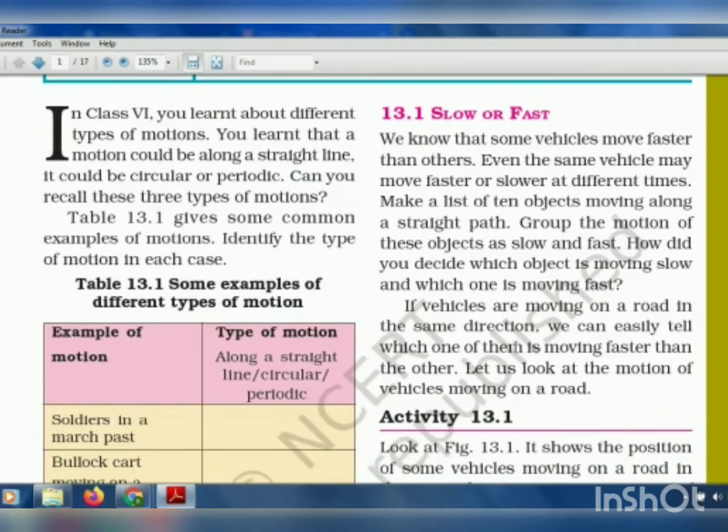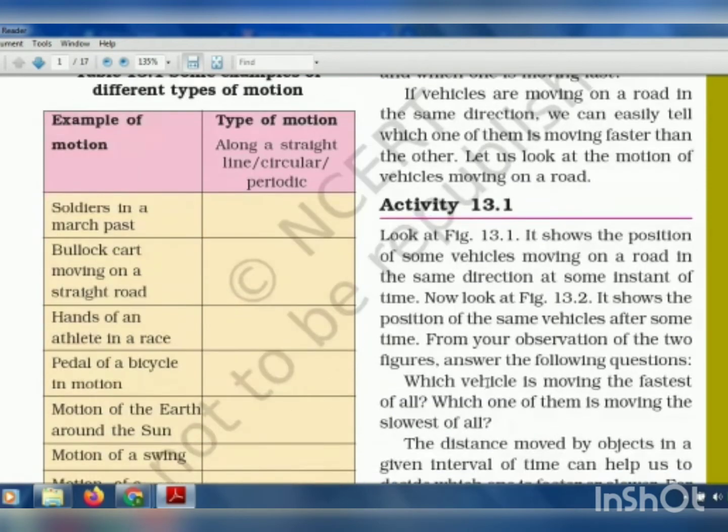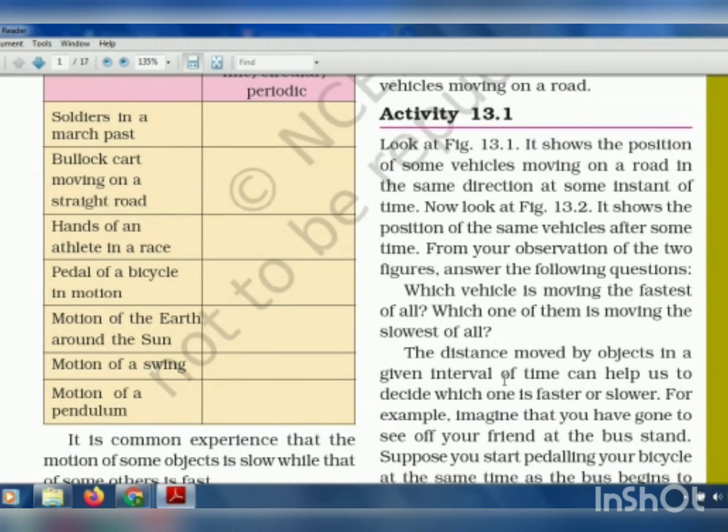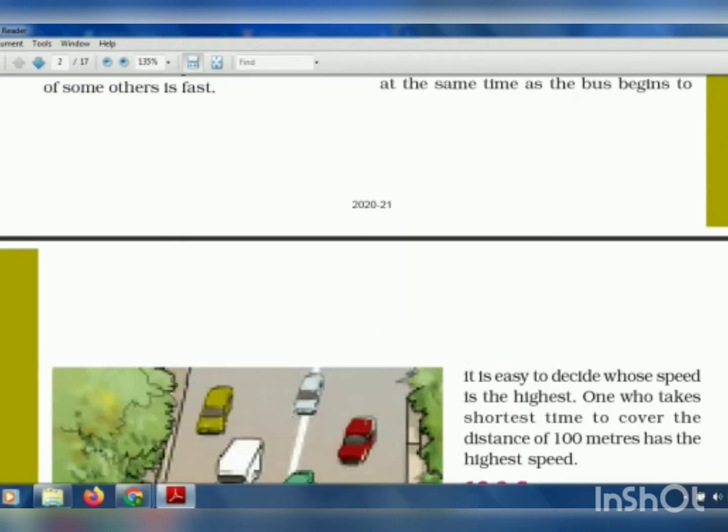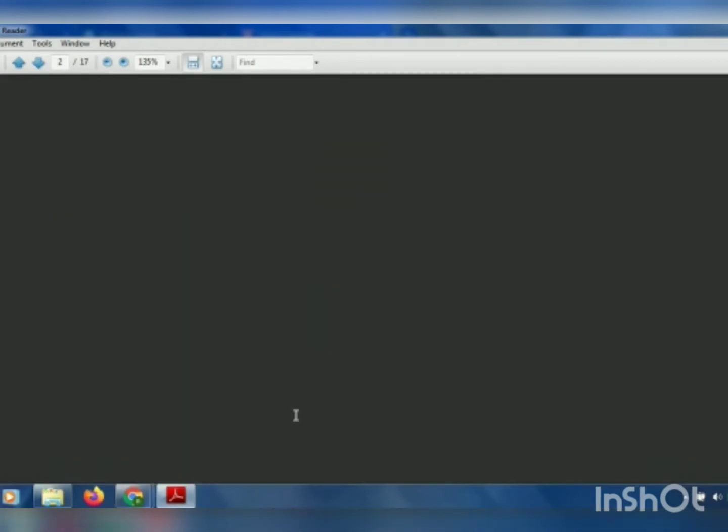Okay. So if vehicles are moving on a road in the same direction, if we stand on a side of a road and look at the vehicles that are passing by, we can say easily which vehicle is moving fast and which vehicle is moving slow. Now the same thing they have explained with activity 13.1. They have shown you two figures which are taken at different time intervals.